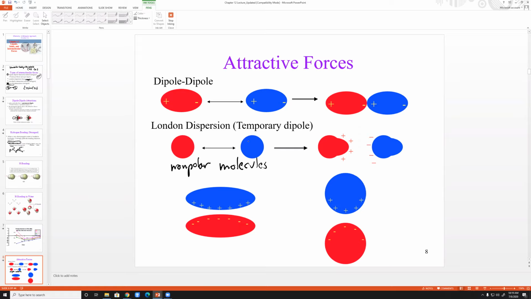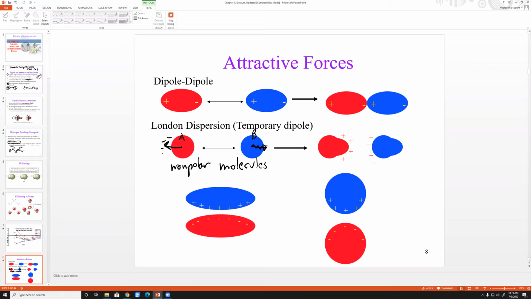If you hit them together, we'll call this one molecule A and the other molecule B. The electrons from molecule A will move, because of the momentum, to the back or the other side of the molecule. It doesn't matter which way, but once these hit together, the electrons move.